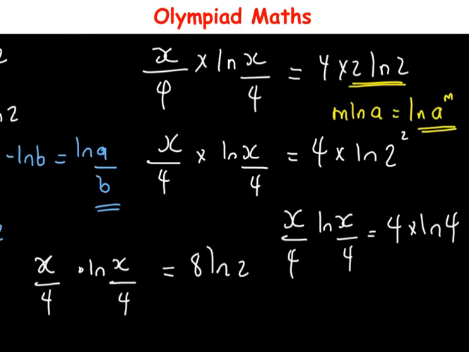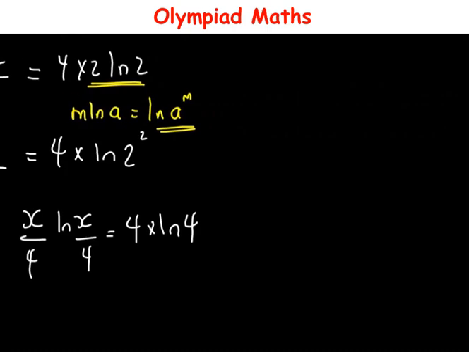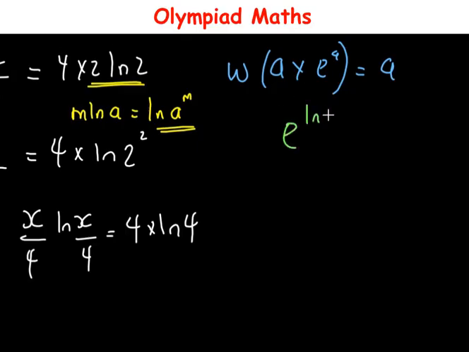Okay, so to then solve this further, we are going to apply the Lambert W function, which is given by, if you have an expression of this format, a times e raised to power a, once you apply the Lambert W function W, what we get is a. But then, in order for us to apply this Lambert W function, we are going to bring in this function, that if you have e raised to power ln a, this equals a.